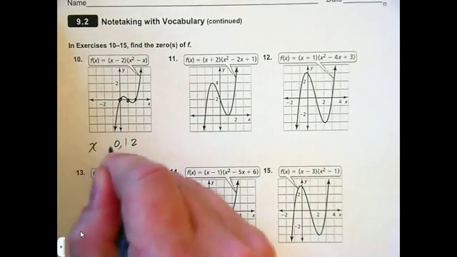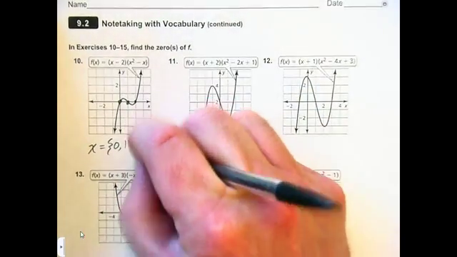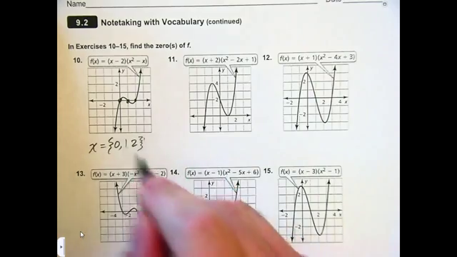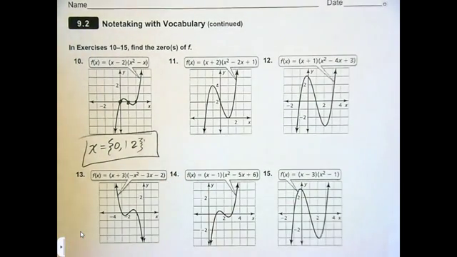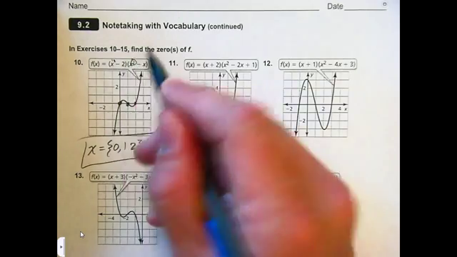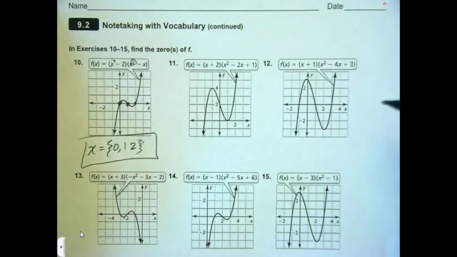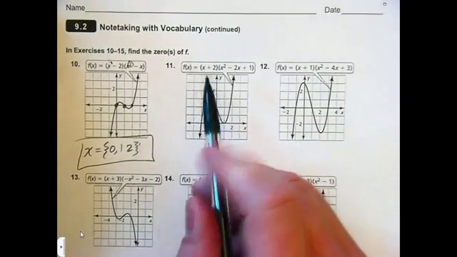3. Tell your neighbor what we talked about today that could have told you ahead of time that there might be 3 solutions. Yeah, if there's 3 x's. Notice this is x to the first and this is x to the third. So when we're saying 3 x's, we mean x to the 3rd power, right? What's the highest power here?